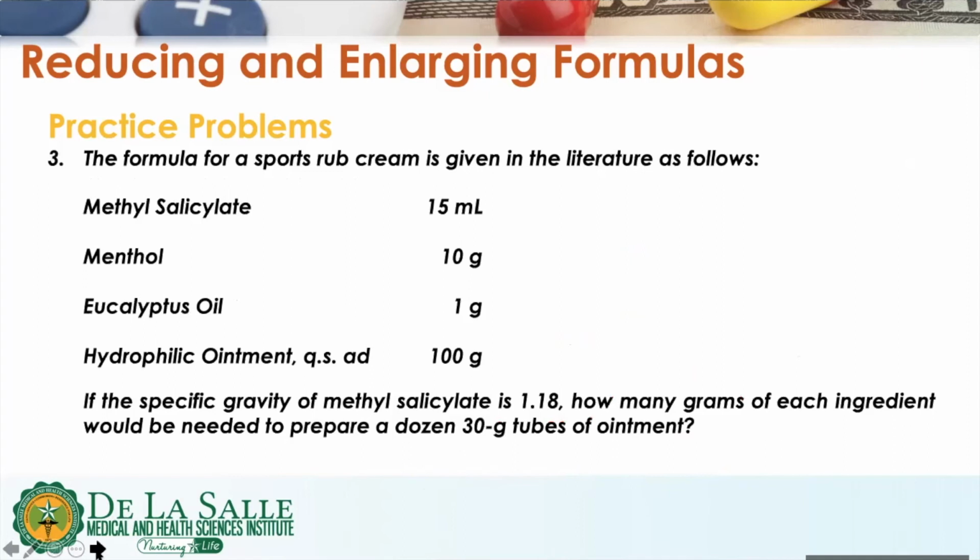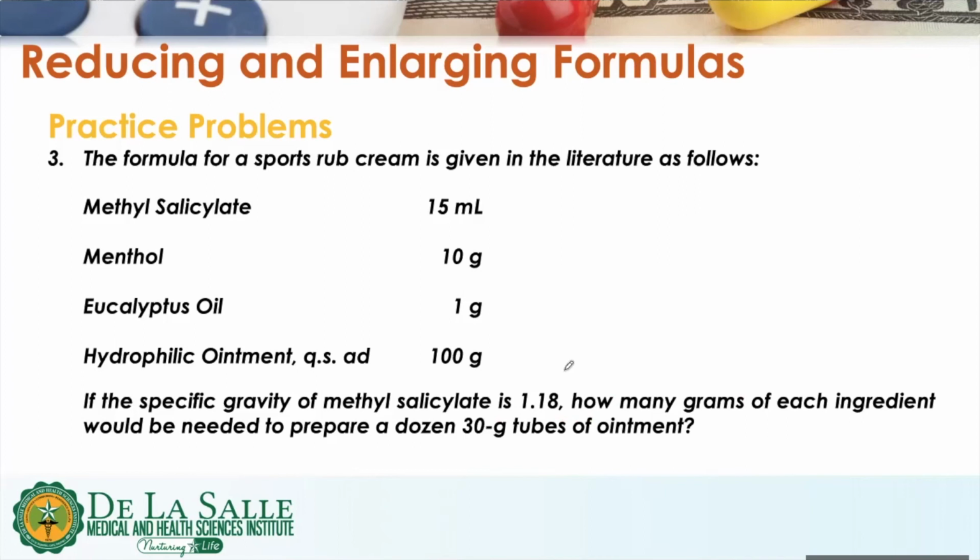Now, on some occasions, you may also need to use a specific gravity to determine the amount, either in weight or in volume, of the ingredient that is stated in the formula. So, let's consider this problem.